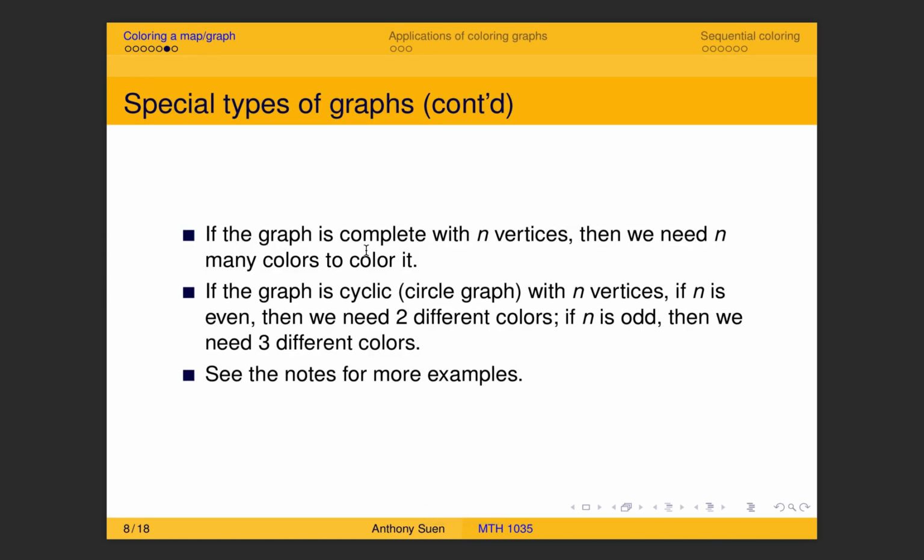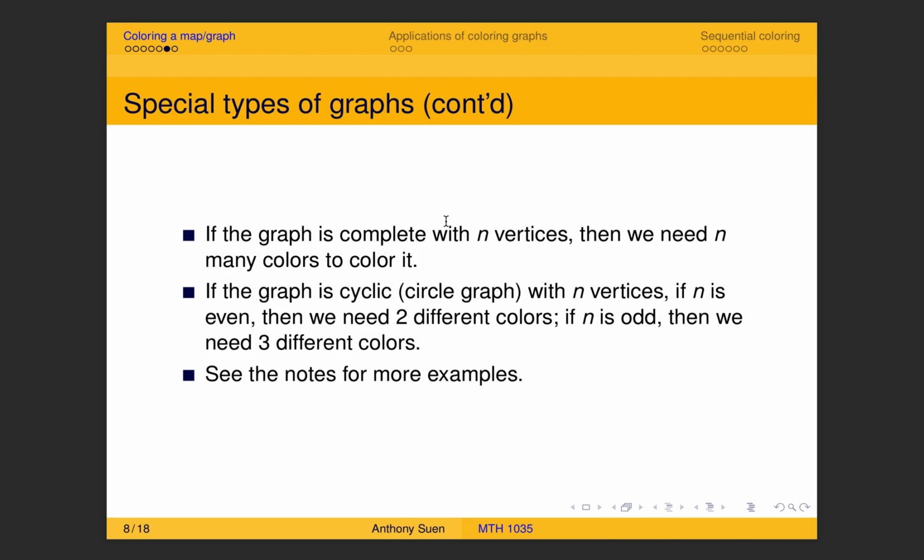For example, if the graph is complete with n vertices, then how many colors do we need? We just need n. Think about it: all the vertices are linked up, so there's no way for you to use the same color for two different vertices, because they must be linked by exactly one edge, since it's complete.